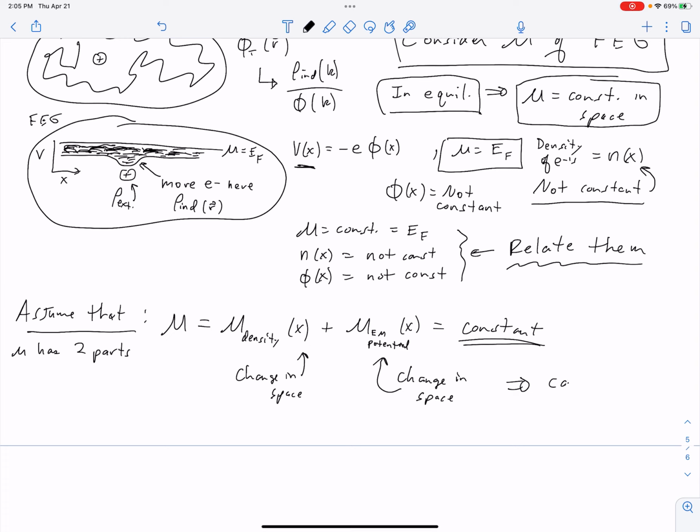So what we get is changes in mu d, I'll call this one mu d, cancel changes in the other one, mu p for potential.